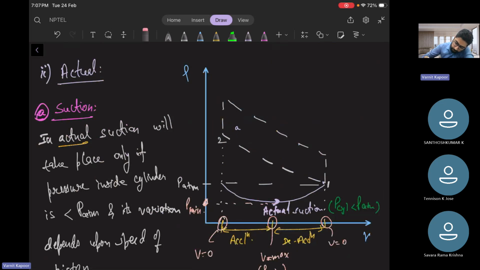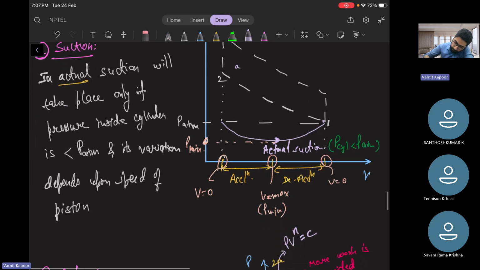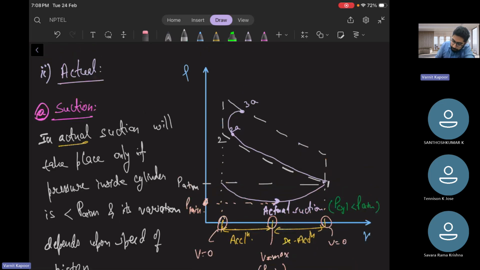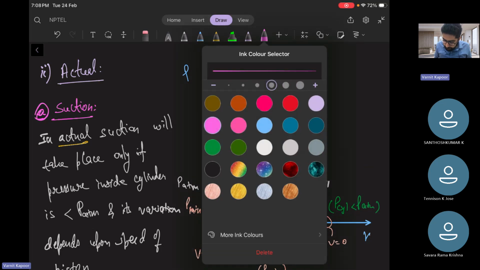Let me first draw this line once again. This is not a straight line, some curve is there. So this was point 2A and this is point 3A because this point was 3. And here actual heat addition is happening.